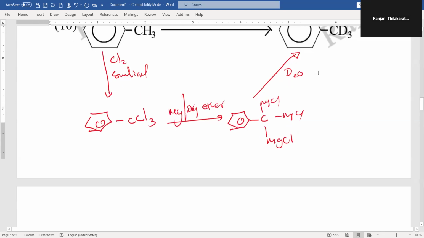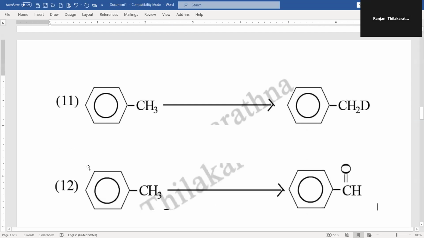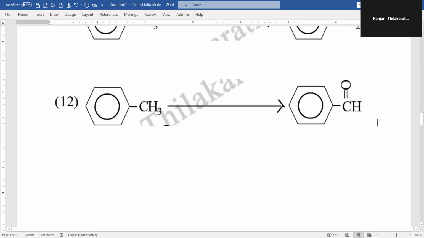So I am not going to do it again because I have already done it. Then you can do it and get the answer. You have to try by yourself. This one, the 12th one, is the same as this one. Right now, here you can use a special technique.